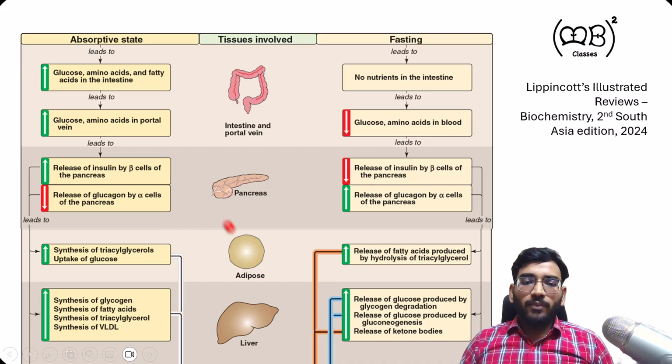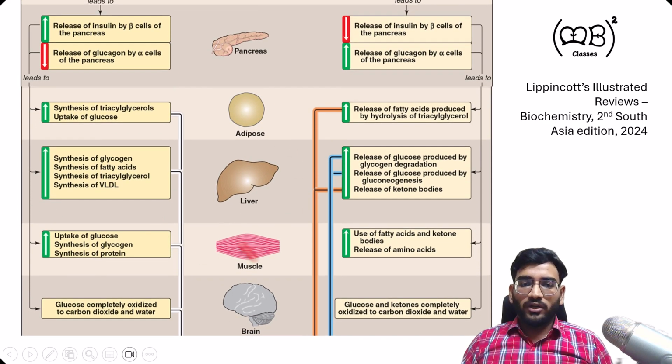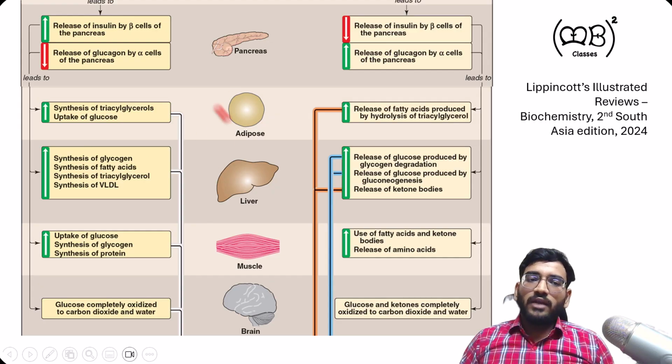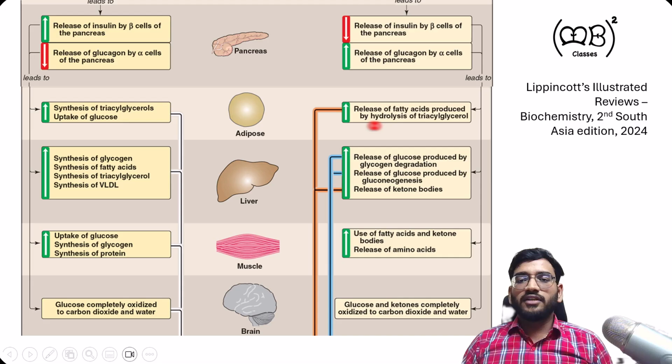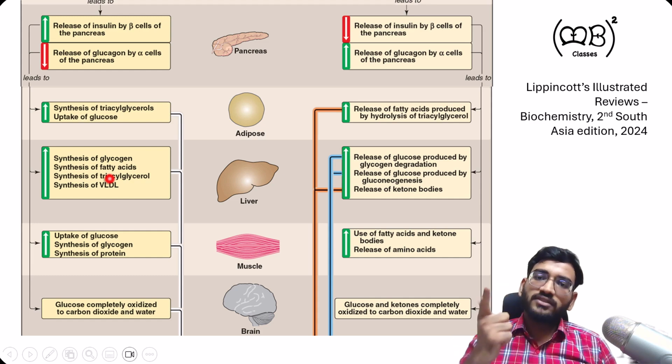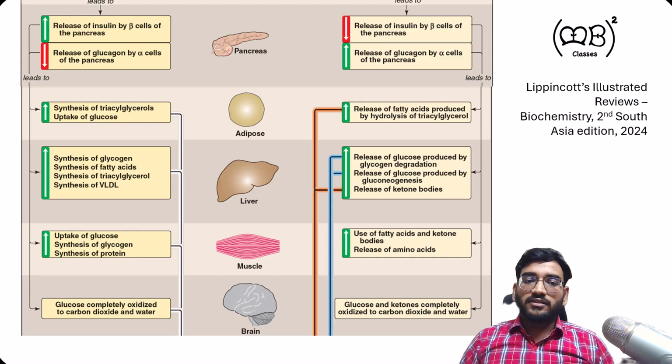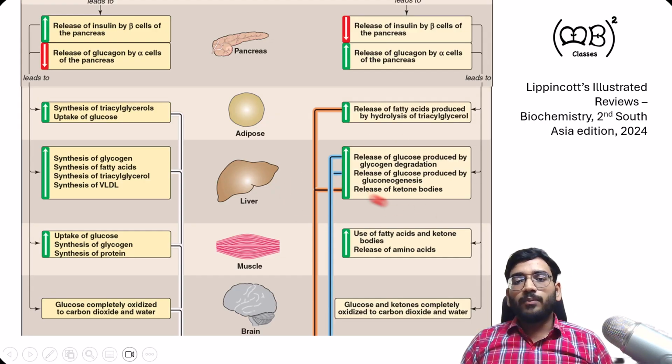Now in the three organs, and the fourth organ is the brain. In adipose tissue, there is increased synthesis of triglycerides in the fed state, and increased utilization of triglycerides and fatty acids in the fasting state. In the liver, there will be glycolysis, no, sorry, not glycogenolysis, glycogen synthesis and triglyceride synthesis. In the fasting state, glucose is produced by gluconeogenesis and glycogenolysis, and in starvation there is also ketone body formation.